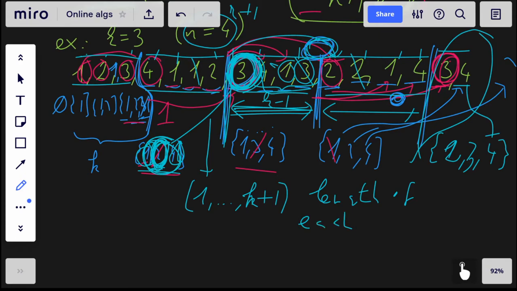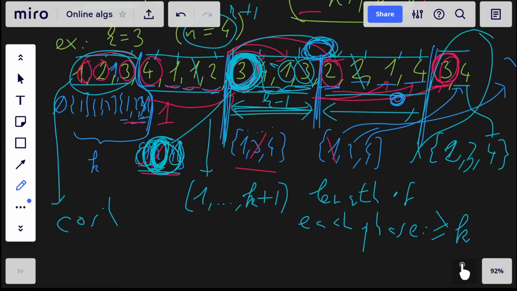So the length of each phase, but the last one, is at least k. In the first phase I will spend cost k.